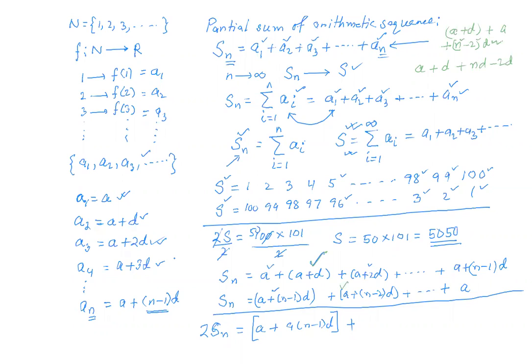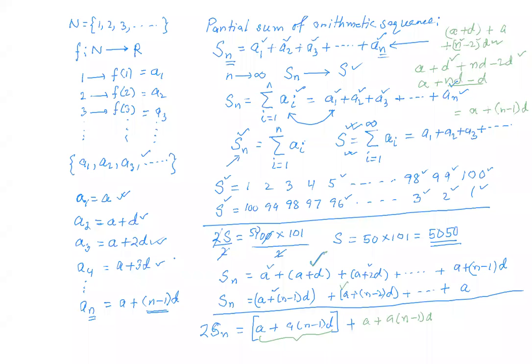If you simplify, this becomes A plus A plus nD, and D take away 2D is negative D. Factoring out D, it becomes A plus A plus n minus 1 times D, exactly the same thing as the first term.